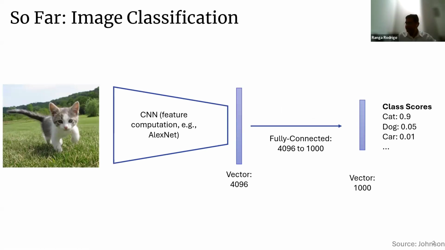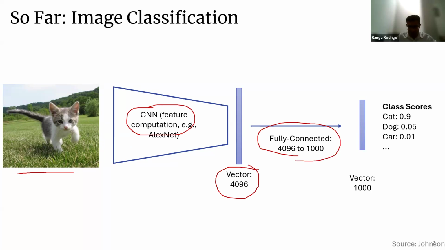So now, when you want to classify an image, we run it through a convolutional neural network like AlexNet or something, and then we get some vector, maybe 4096 dimensional, and we fully connect that to a 1000 dimensional vector. Why?